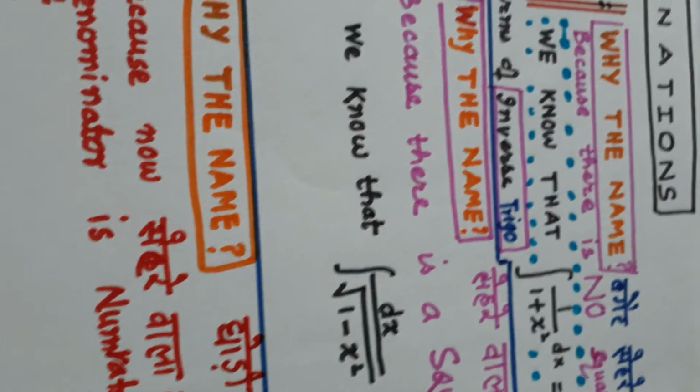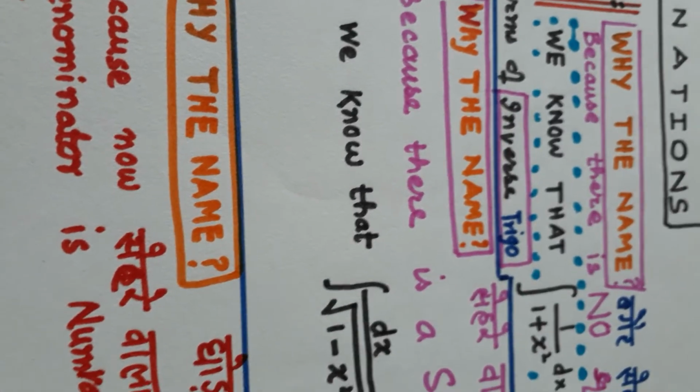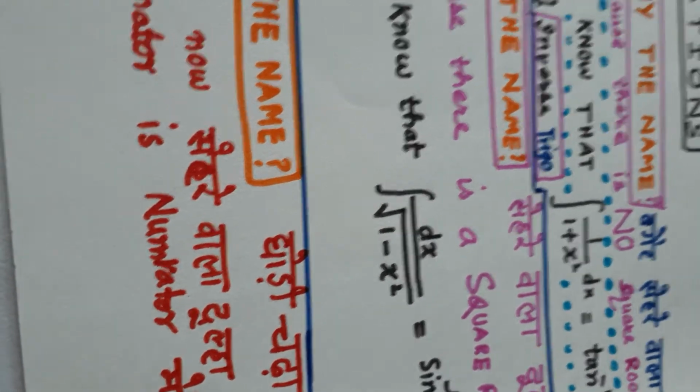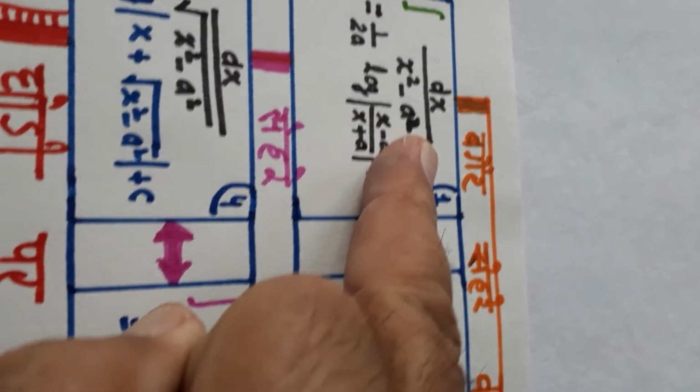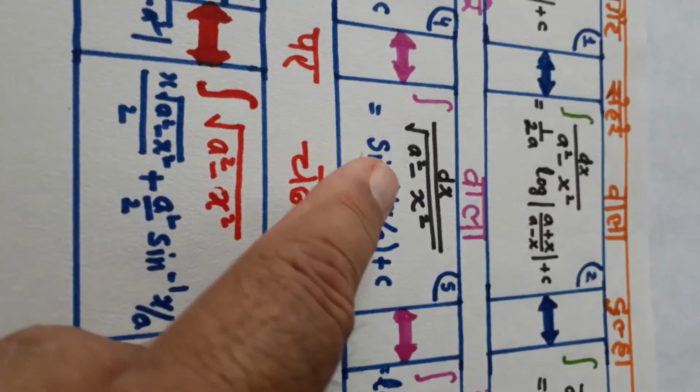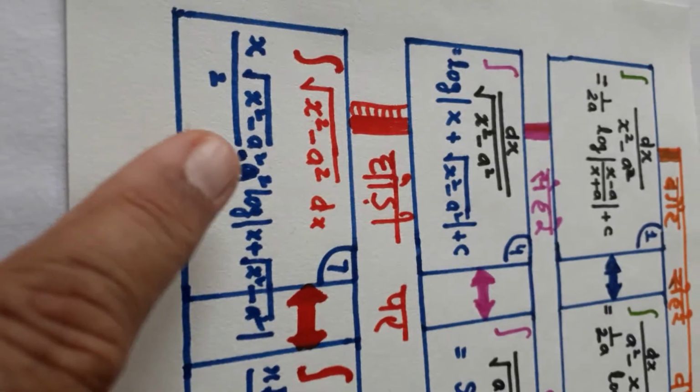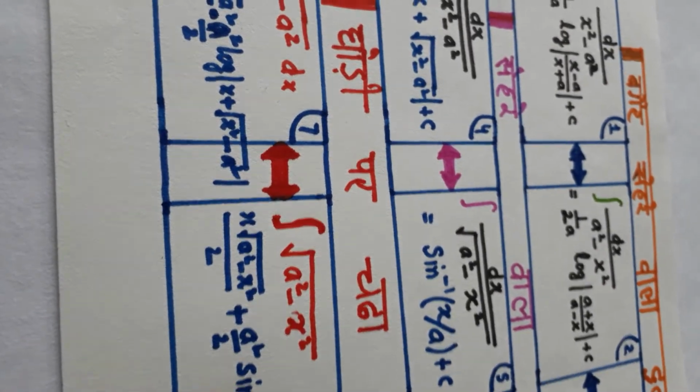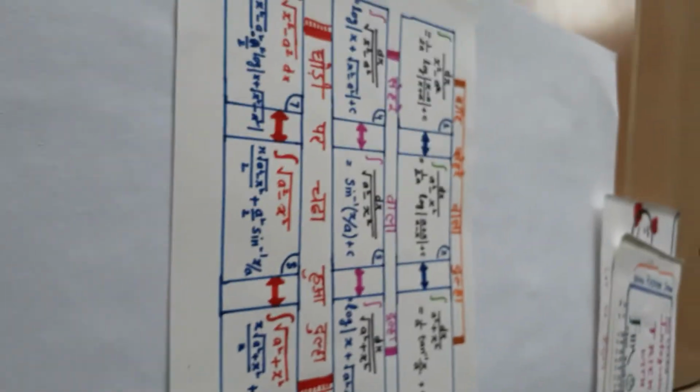These are all of three types, out of which two are in terms of log, one is in terms of inverse.